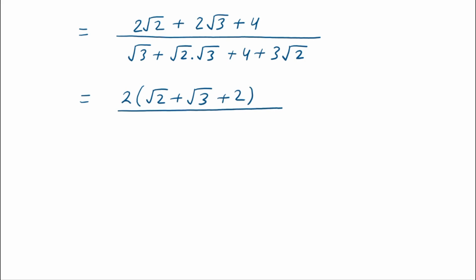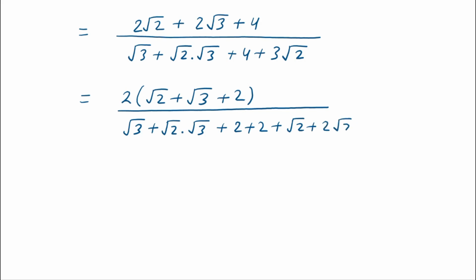And in the denominator part, square root of 3 plus square root of 2 times square root of 3 plus, we can write this 4 as a sum of 2 plus 2, and we can write 3 times square root of 2 as square root of 2 plus 2 times square root of 2.